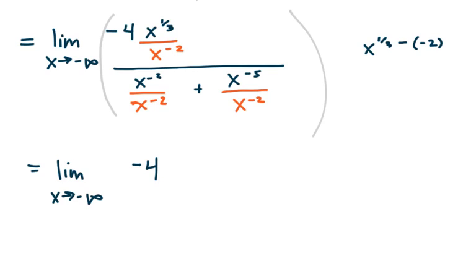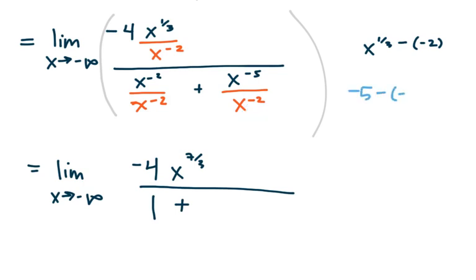So 1/3 plus 6/3 is going to be x to the 7/3 over x to the negative 2 divided by x to the negative 2, that's just equal to 1, plus, and when we look at this term, we've got negative 5 minus negative 2.